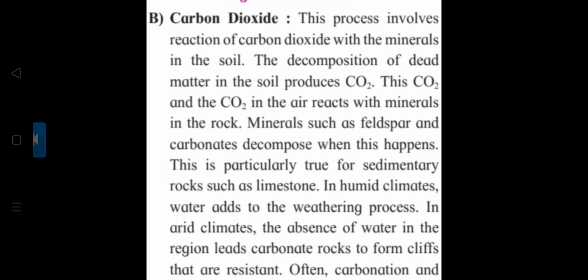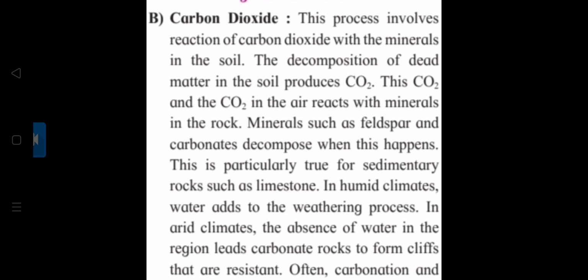This carbon dioxide and the carbon dioxide in the air, both react with the minerals which are already present. Minerals are always present in rocks, so there is a chemical reaction happening with these rocks which already have minerals in them.